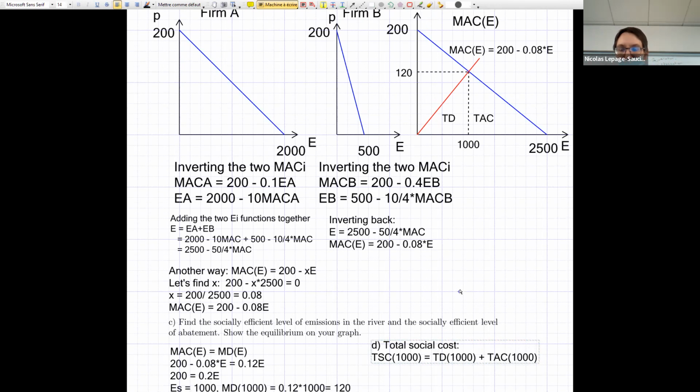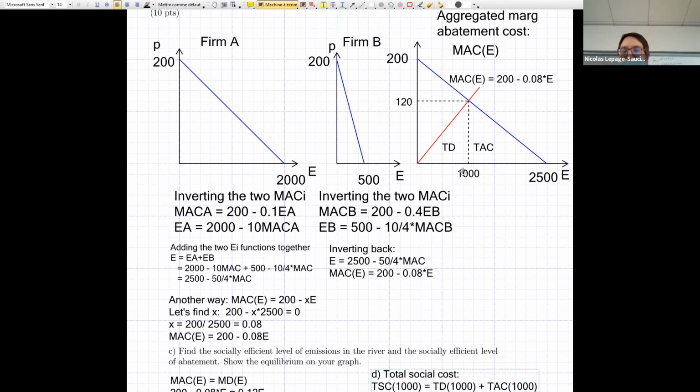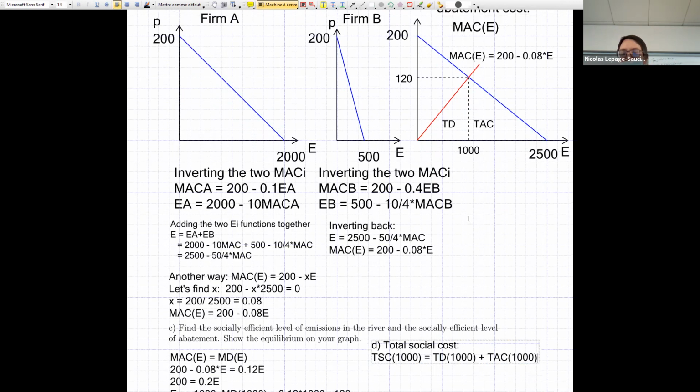All right. So let's try that. If I ask you to compute individually the total damage or the total abatement cost, you would compute this triangle and then that triangle. But note that here I just said, please give me the total social cost. Well, this is a triangle. So let's just compute the whole triangle.